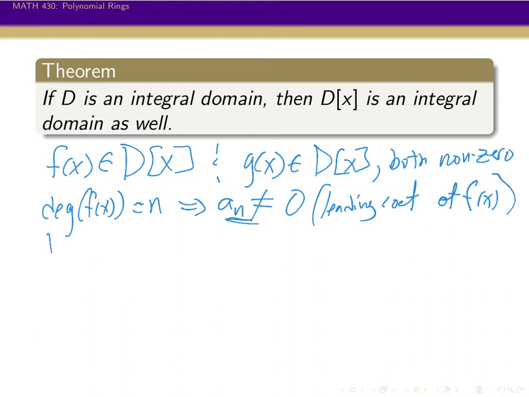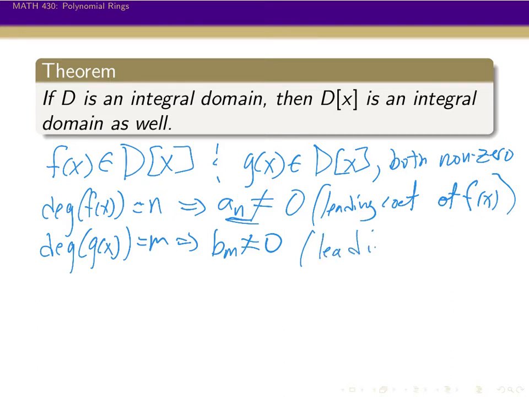And similarly, we can say the degree of g of x is equal to m, and that means it has a non-zero leading coefficient, b sub m, which is the leading coefficient of g of x.